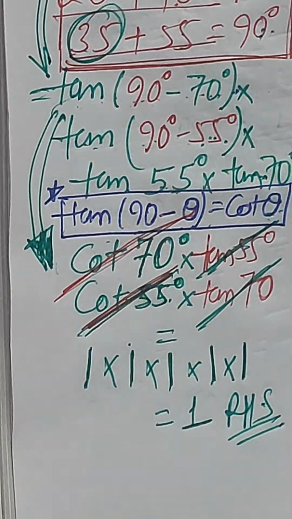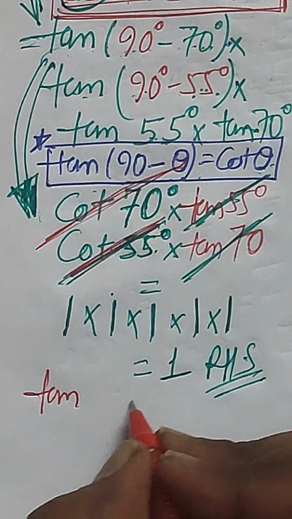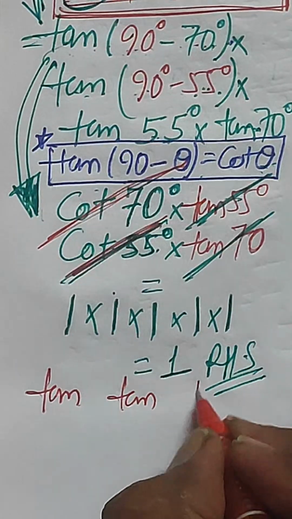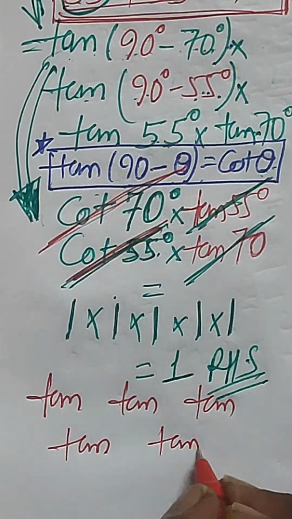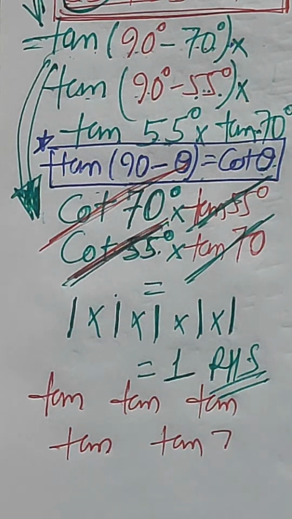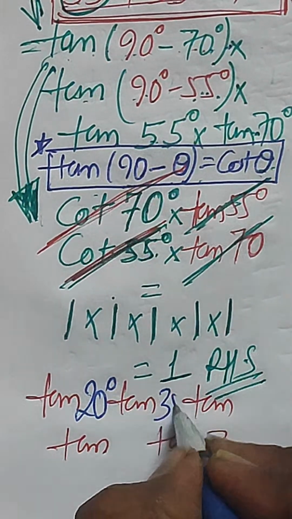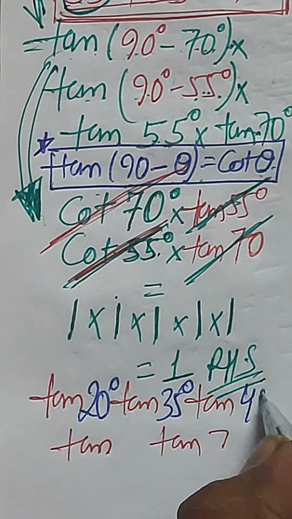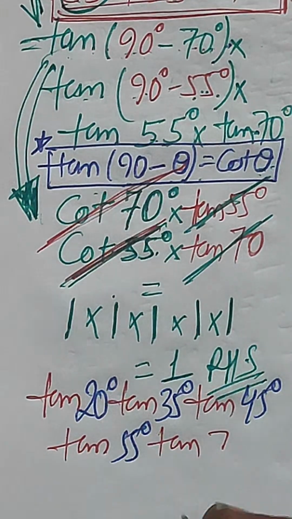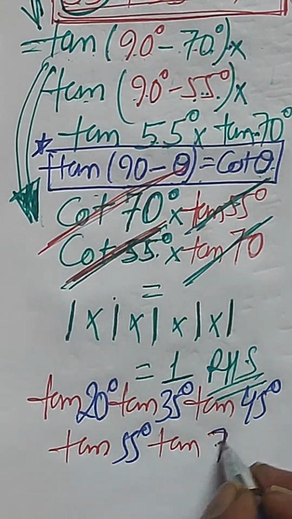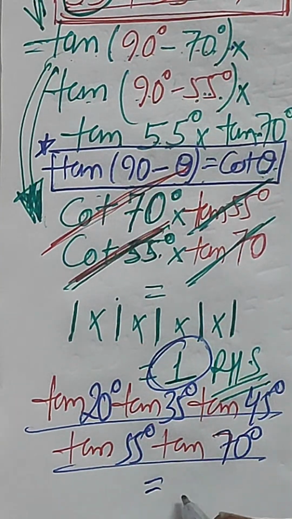So that means we have proved that tan of 20 degree, tan of 35 degree, tan of 45 degree, tan of 55 degree, and tan of 70 degree, all the tangents in product, is equal to the RHS, which is 1.